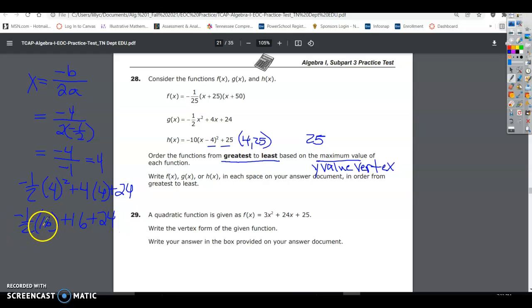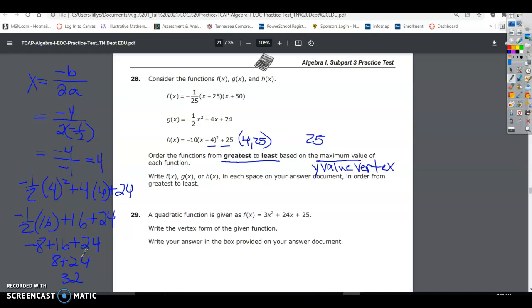Half of 16 is 8, so this is negative 8 plus 16 plus 24. Negative 8 plus 16 is 8, and 8 plus 24 is 32.